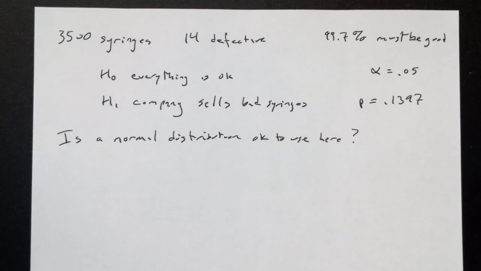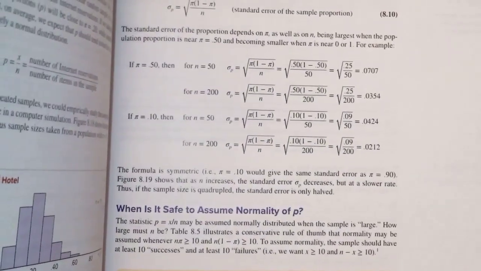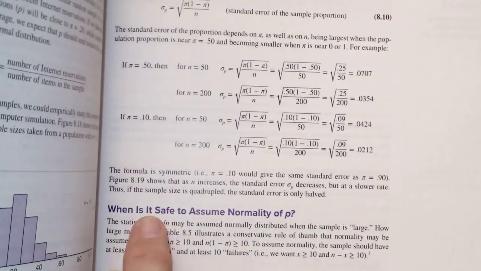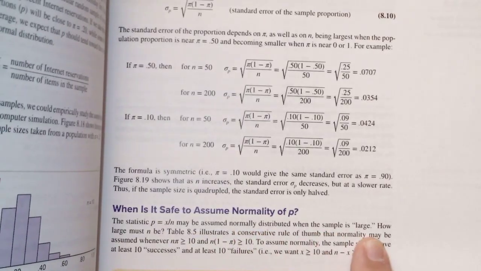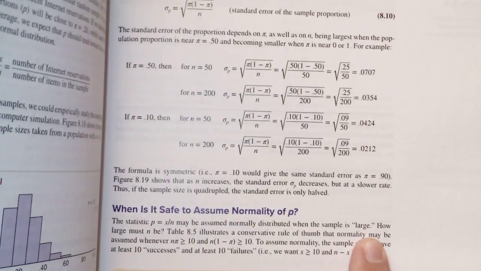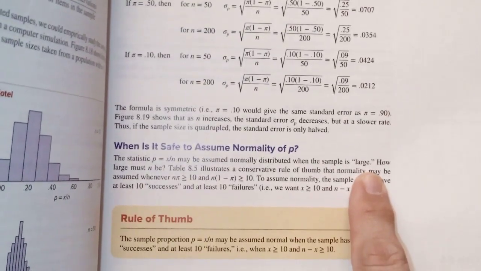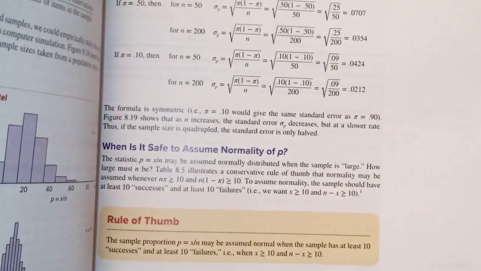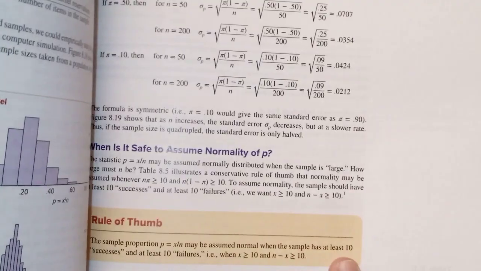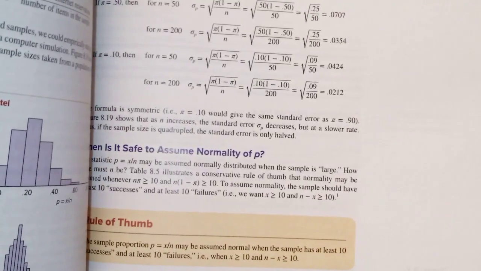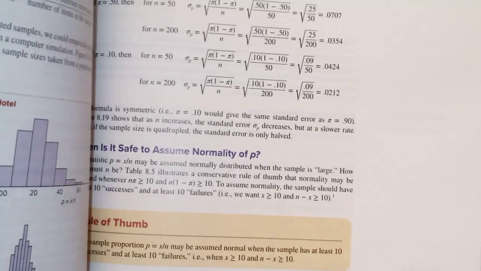On page 293 in chapter 8, we have this comment dealing with proportions. It says the statistic may be assumed normally distributed when the sample is large, right? And then directly underneath that, it gives what it considers to be large enough: as long as I have 10 in each group, at least 10 successes and at least 10 failures.